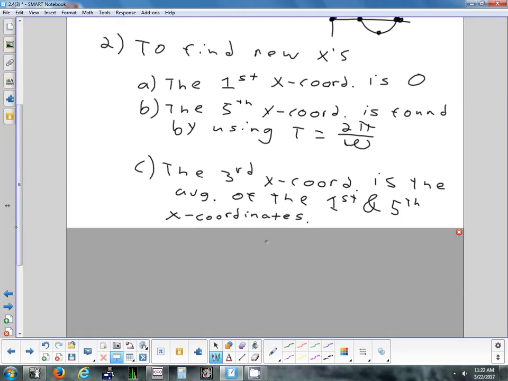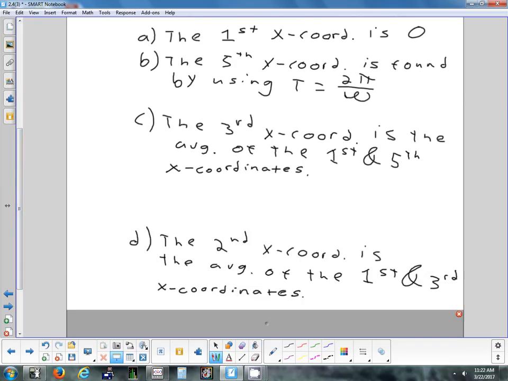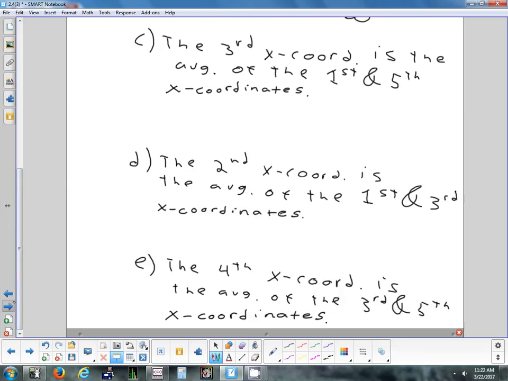Now, this isn't the only way to do it. There's different ways to do it, but for the kind of problems I'm going to give you, that's probably the easiest. So your second x-coordinate is the average of the first and the third. And the fourth coordinate is the average of the third and the fifth. Now, you might not always have to do all these averages out.